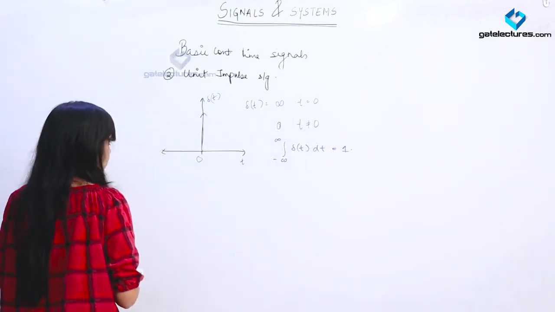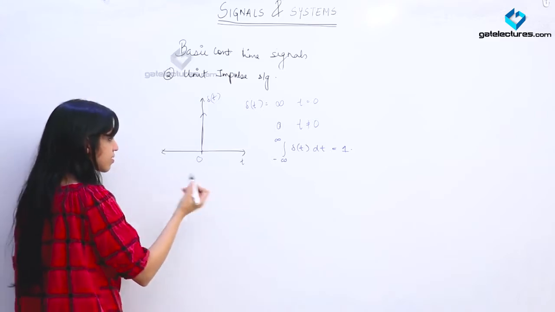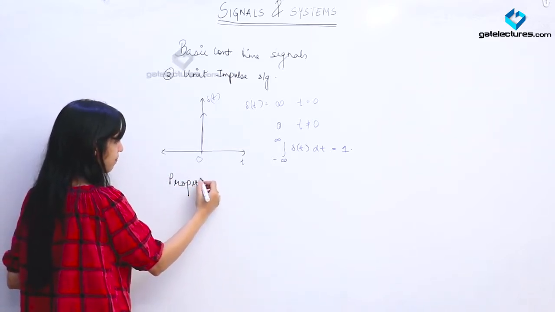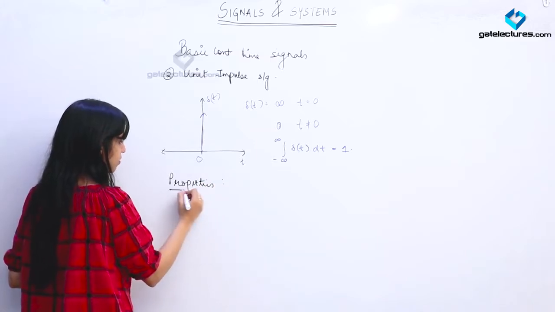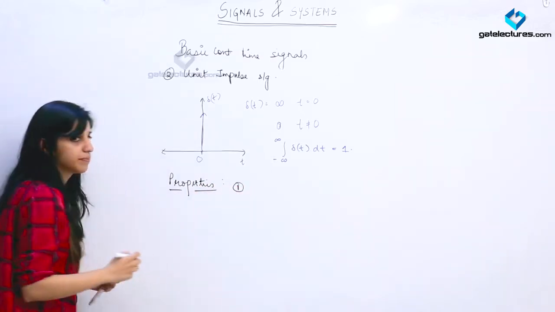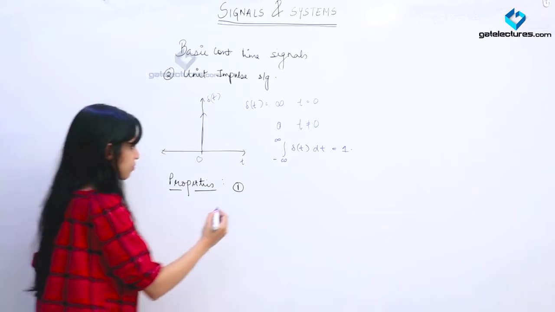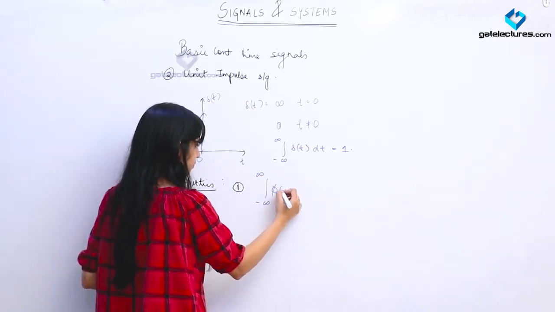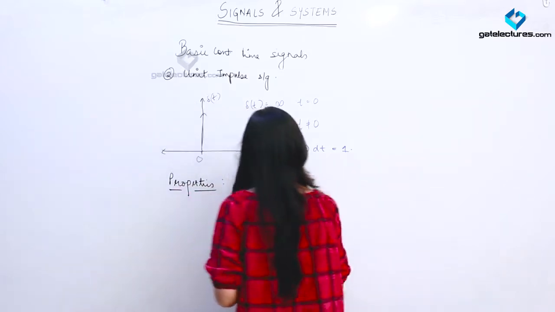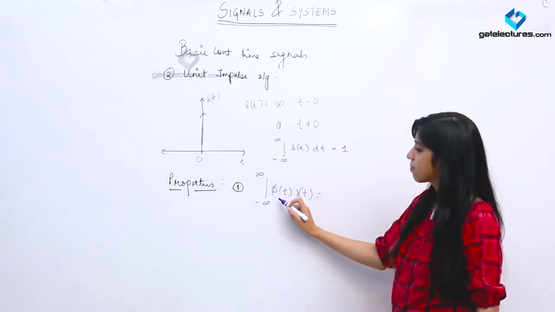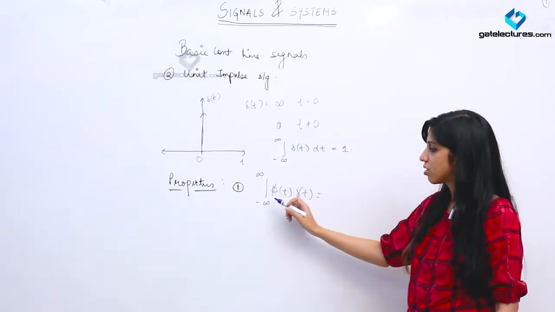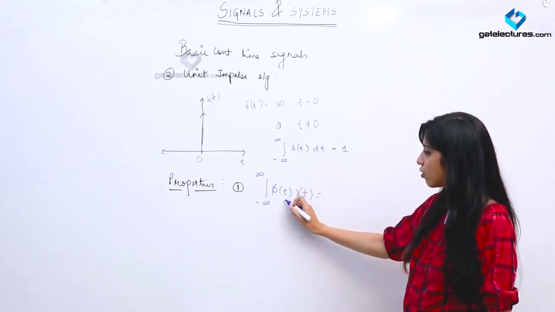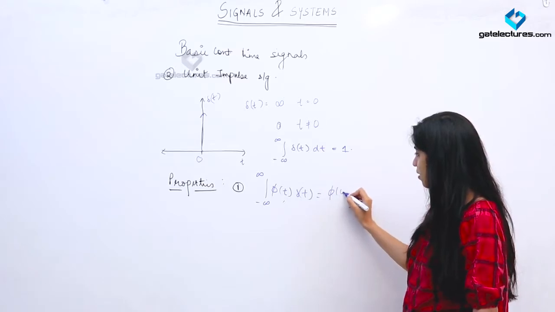Also, one more thing that you can see here are some properties of the delta function, certain properties that you can see. So the first property is, if we are integrating another function multiplied with this delta function over an interval of minus infinity to infinity, you are going to yield the value of this function at 0.